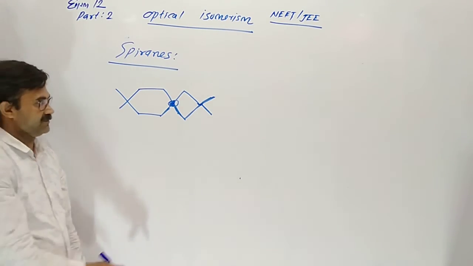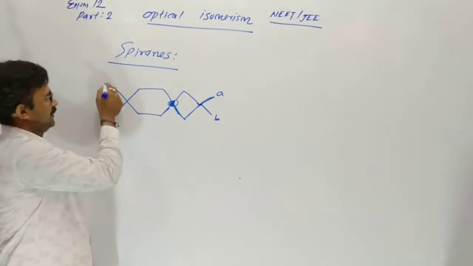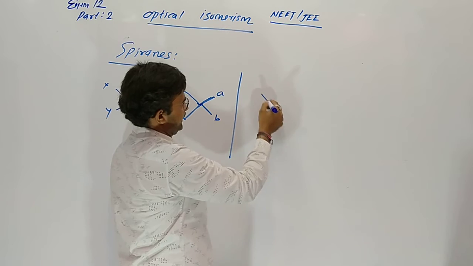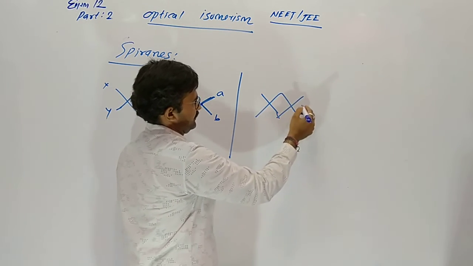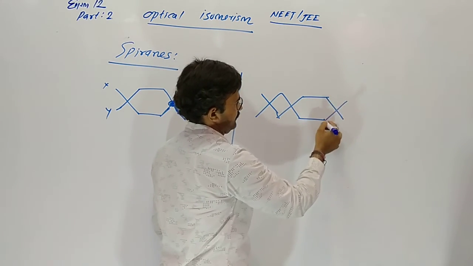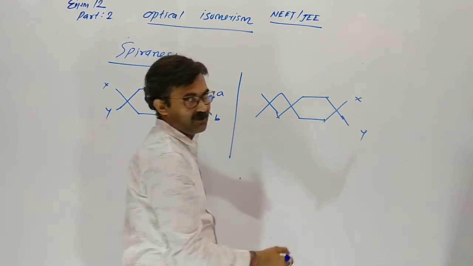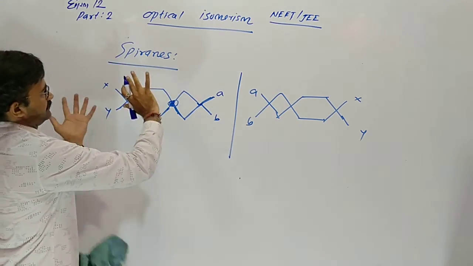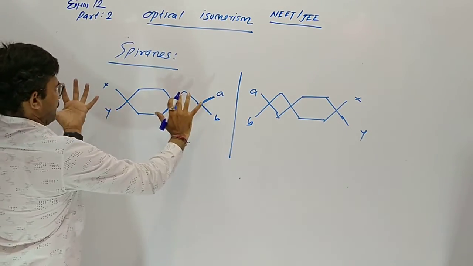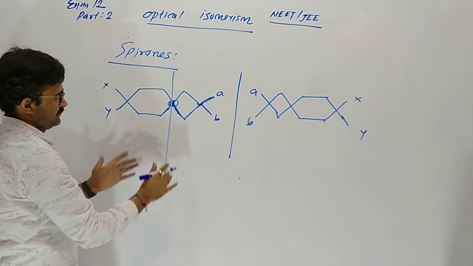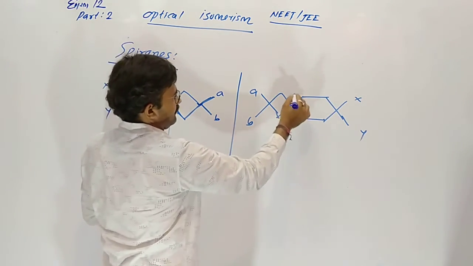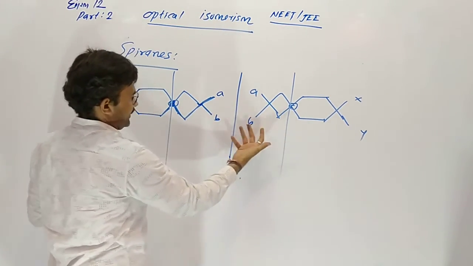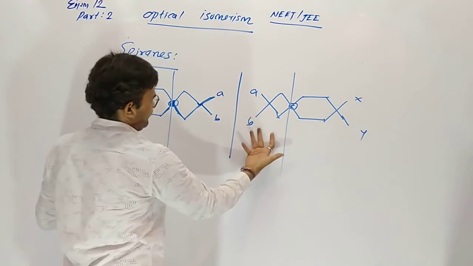Here is, suppose, A, B, X and Y. So in the mirror image, it looks like this. X, Y, A and B. This part like this. From the common carbon, left hand side appears on right hand side. Right hand side appears on left hand side.